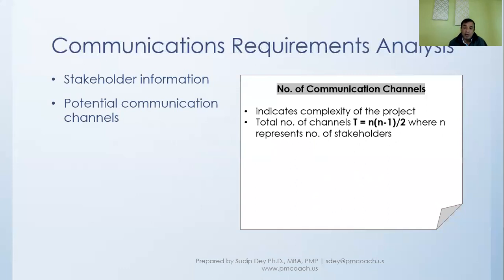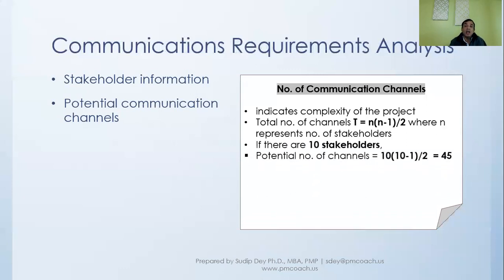For example, if we have 10 stakeholders, there are 45 potential channels, or 45 ways communication can happen within that project. So this number of potential communication channels tells us the complexity of the communication.